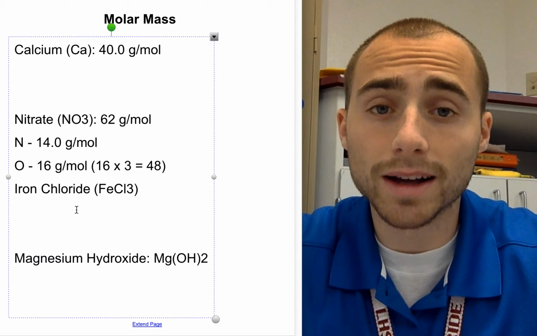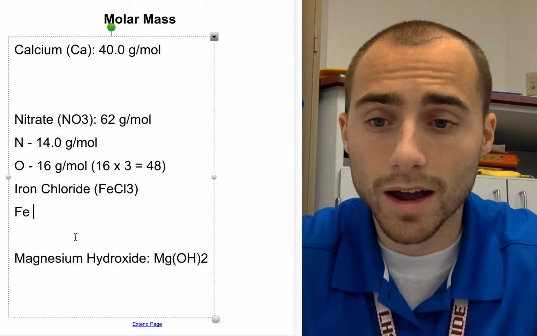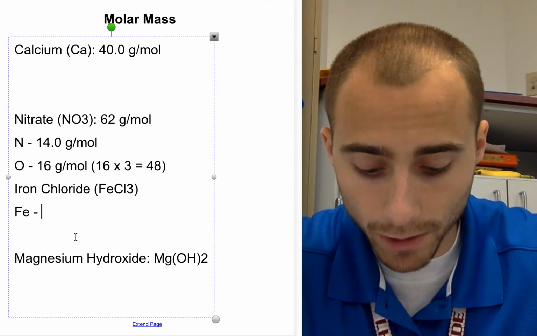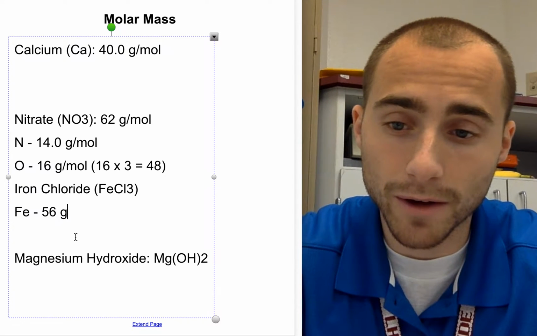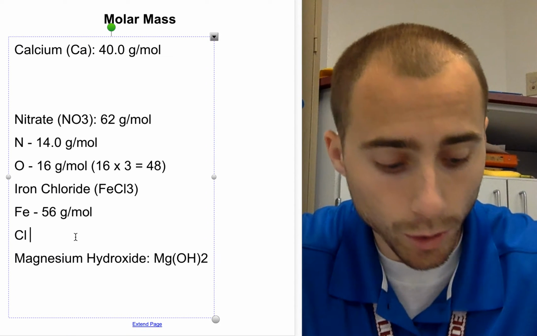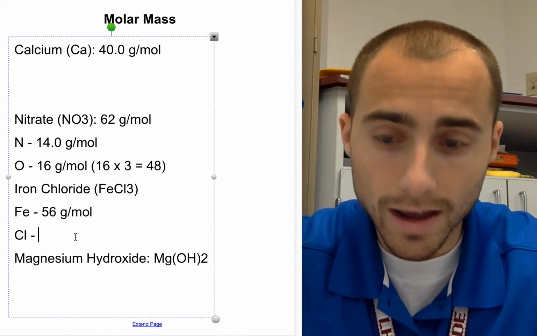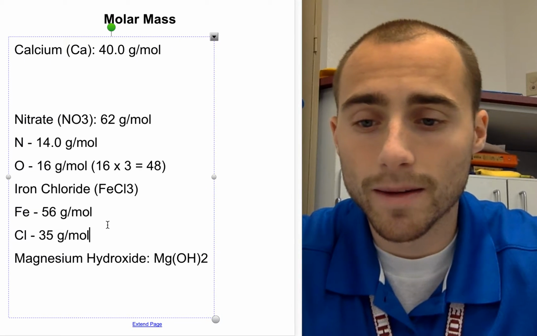Now we'll look down here at iron chloride. Again, it's the same process as nitrate. So first we identify our elements and their molar masses. Iron is atomic number 26, and its molar mass is about 56 grams per mole. Then we have chlorine, atomic number 17, and its molar mass is about 35 grams per mole. You're always going to want to round.